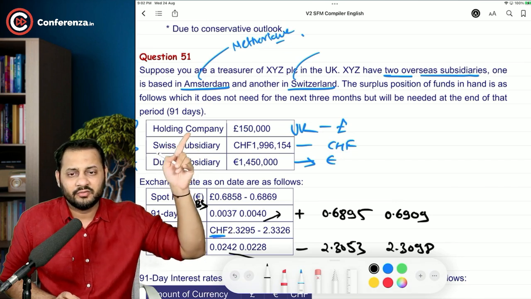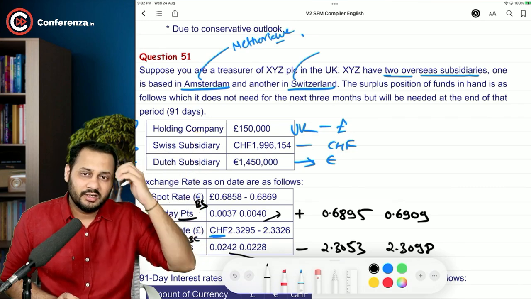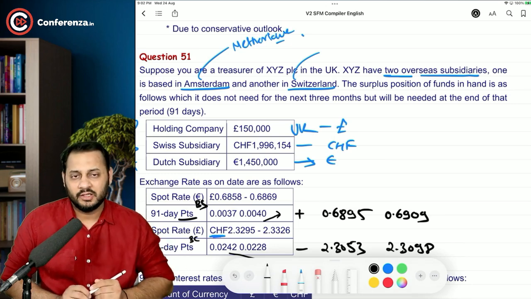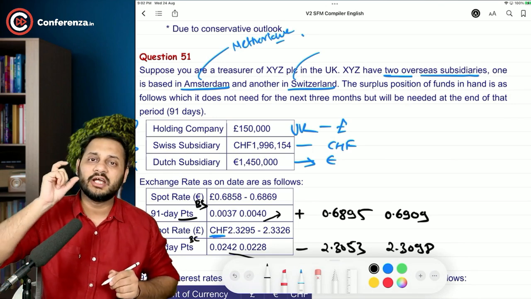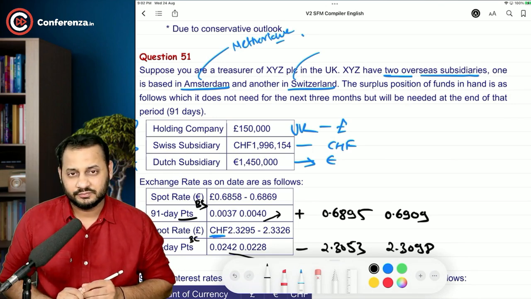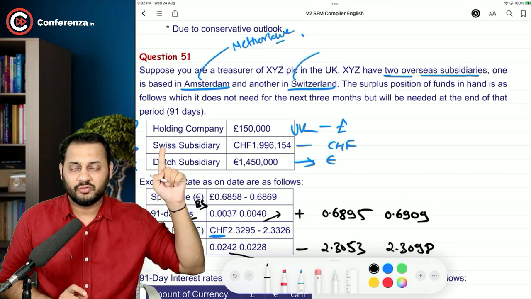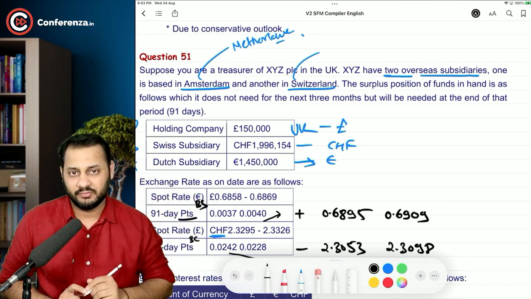Both of them will get converted into UK pound, and we will add 150 in that, and then the total will be invested in UK. The question is, how much interest rate should be given on that total amount so that sending money for the Swiss subsidiary and Dutch subsidiary is justifiable.